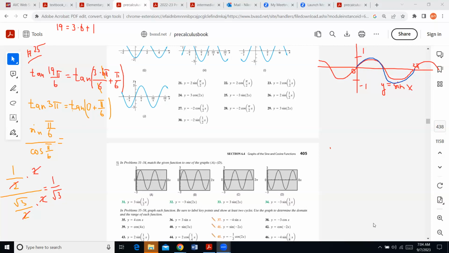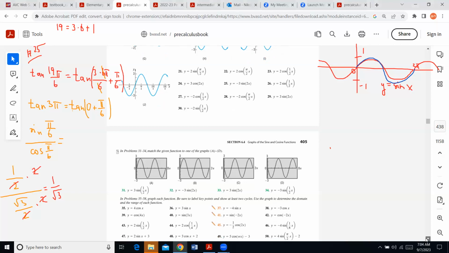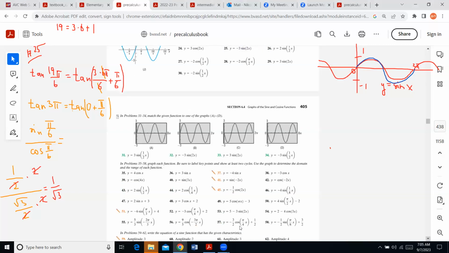So let me try another exercise with function sine, exercise 37 here, that says, how about if you try to graph a negative in front? So if you graph 37, this is -4, which is multiplied by that sine of x.